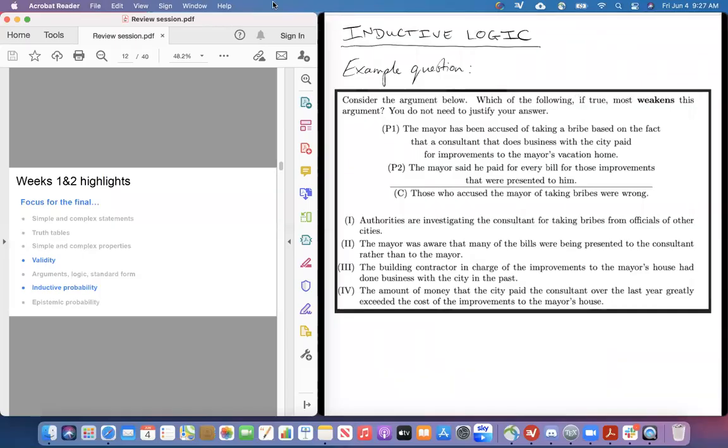Okay, we're recording again. So let's go through which one of these most weakens this argument. My tips for these kinds of questions: when you're practicing, look back at those second assignments that we did, and look back at the extra set of problems I put up about necessary and sufficient questions.